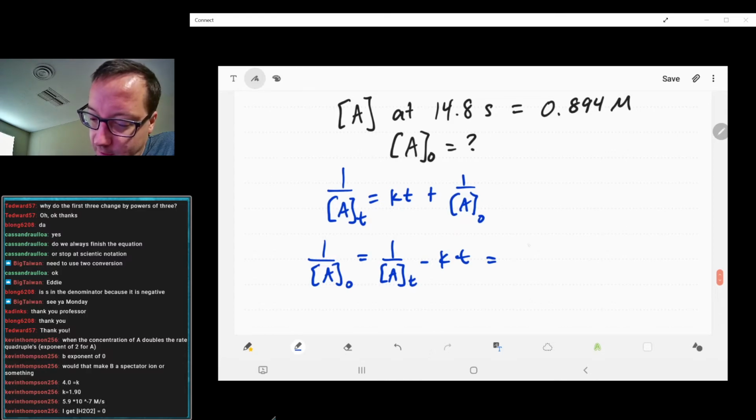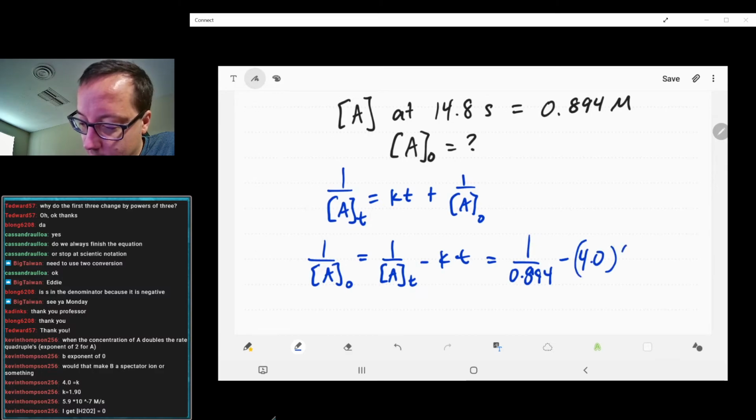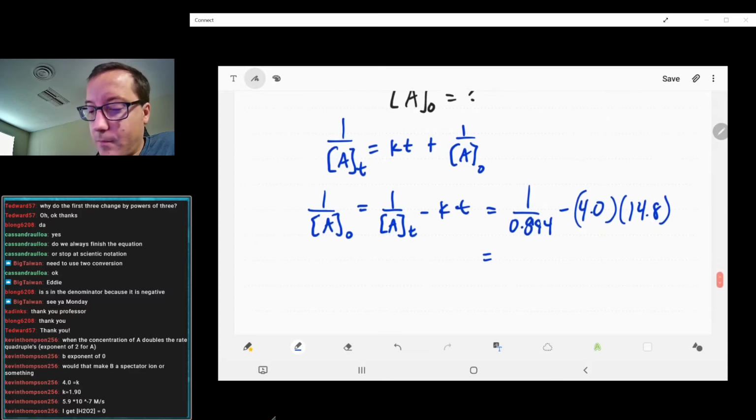So doing so, we can plug in our values. Minus 4 times 14.8. We're going to, of course, need to invert this in a little bit, but let's go ahead and do it anyway. 1 divided by 0.894 minus 4 times 14.8.